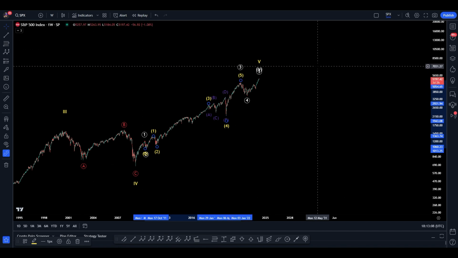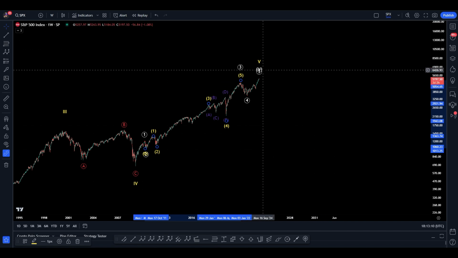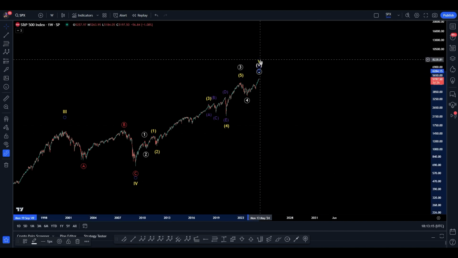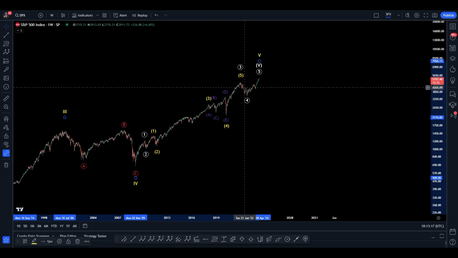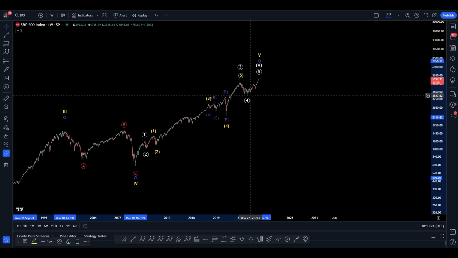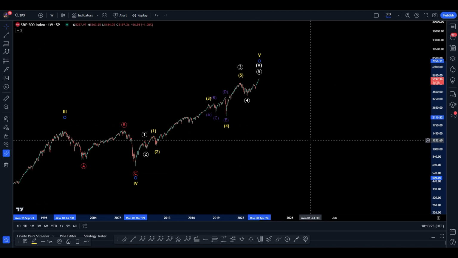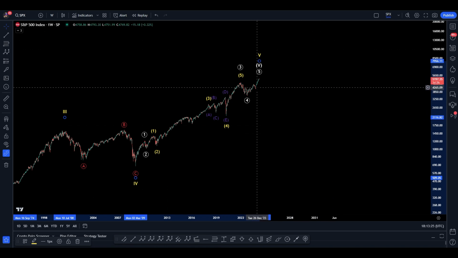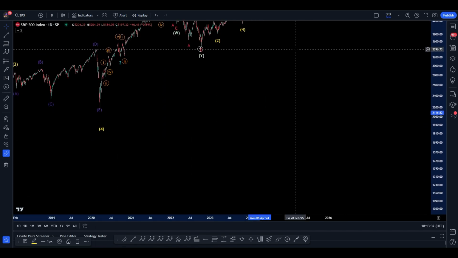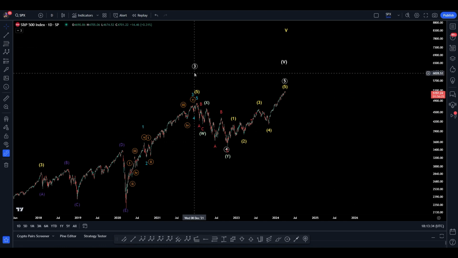That doesn't mean that it's the end of all degrees. It just means that that degree must be finished, and it was. Now, that we have this bigger perspective, we can come back down to the daily. So we have this final 5th wave up into this 3.